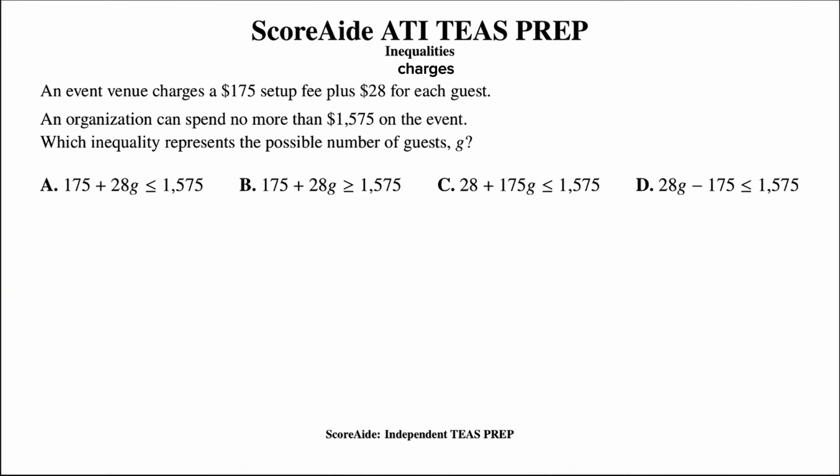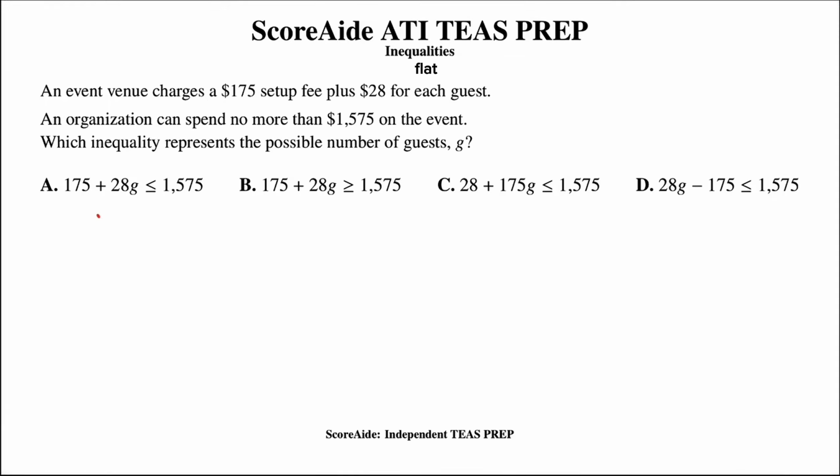An event venue charges a 175 setup fee plus $28 for each guest. An organization can spend no more than $1,575 on the event. Which inequality represents the possible number of guests, G, right?